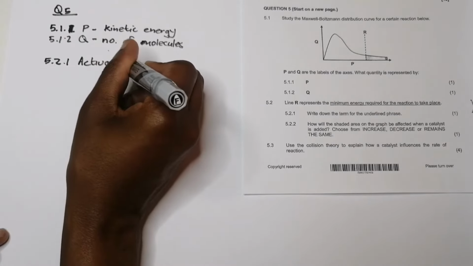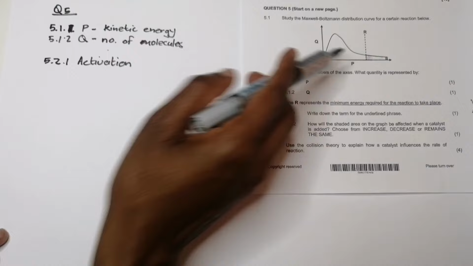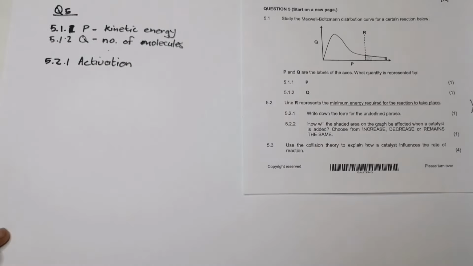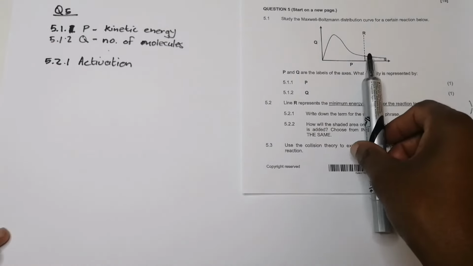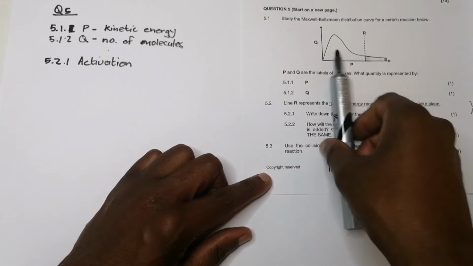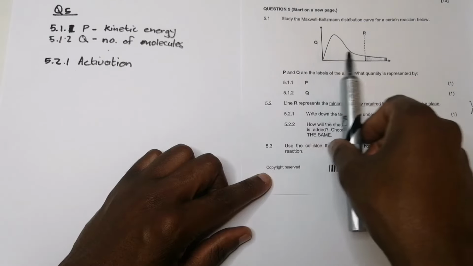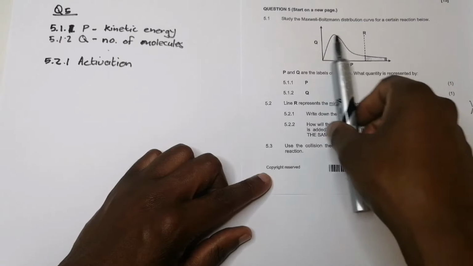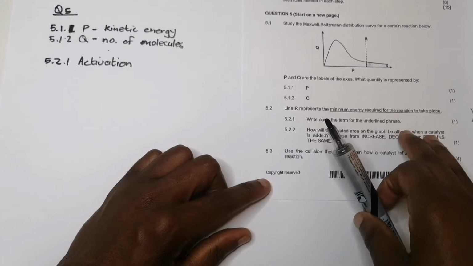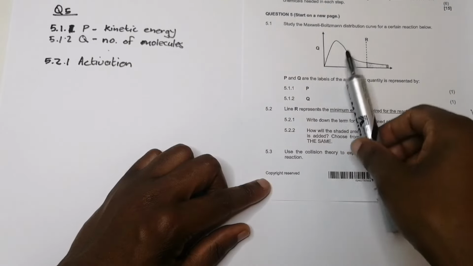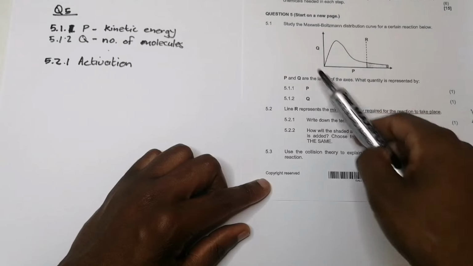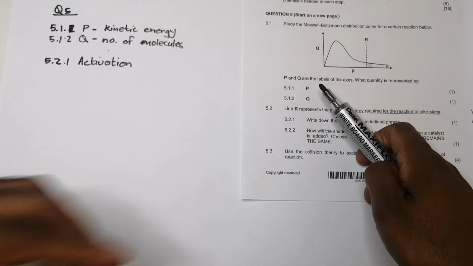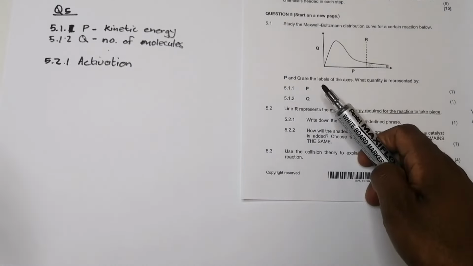What that means, ladies and gents, is that molecules that have not passed this point here, the minimum energy that is required, would not have effective collisions. So yes, they would still collide, but the result of that collision would not be a product.